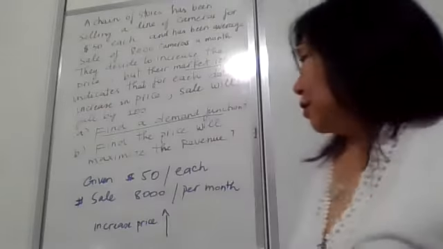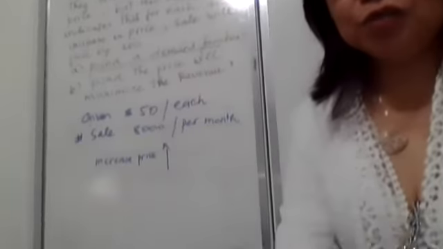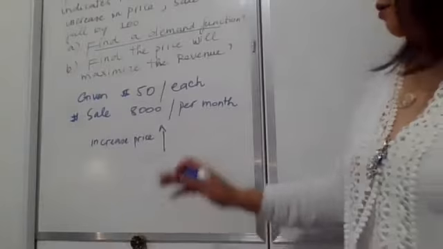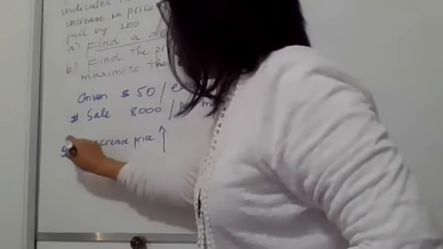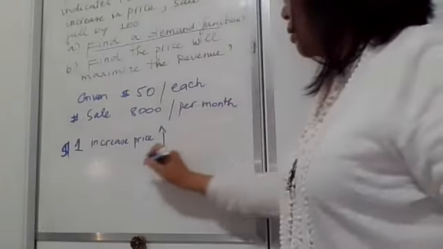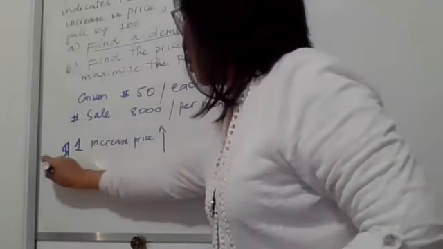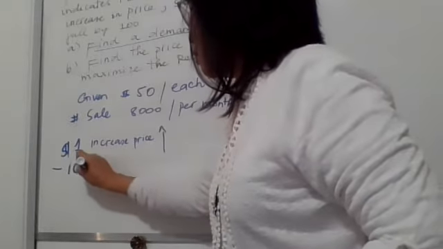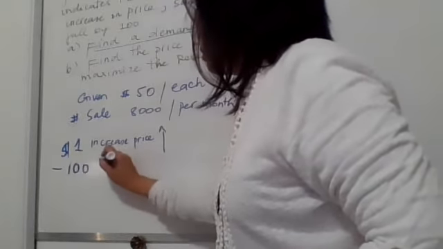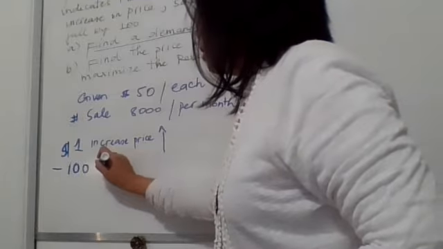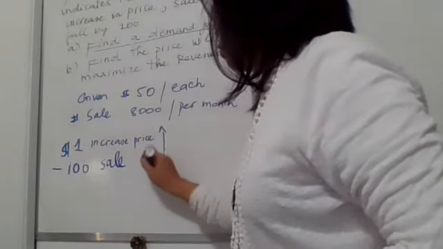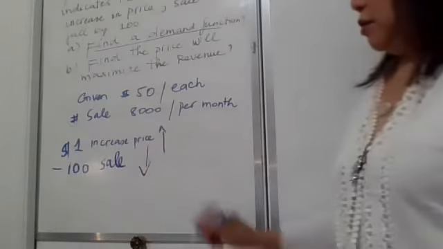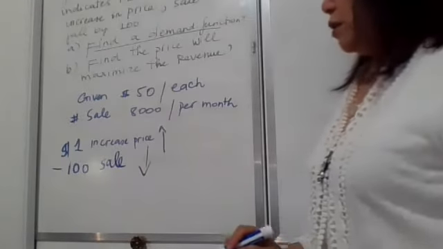So let's see. They said that for each dollar increase in price, so for $1 increase in price, unfortunately, minus 100 in number of sales. The number of sales will be decreasing. So one is increasing, one is decreasing.